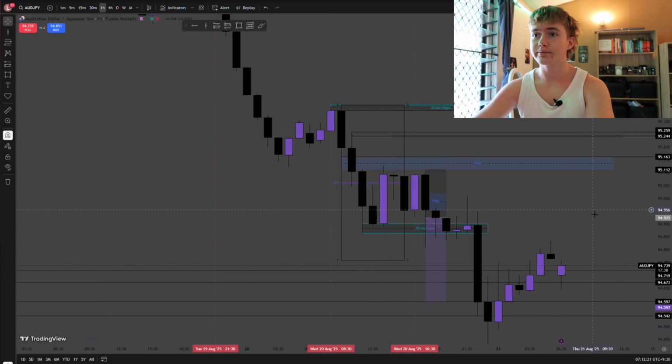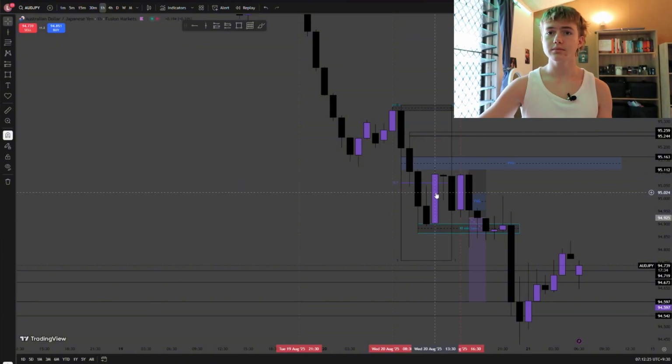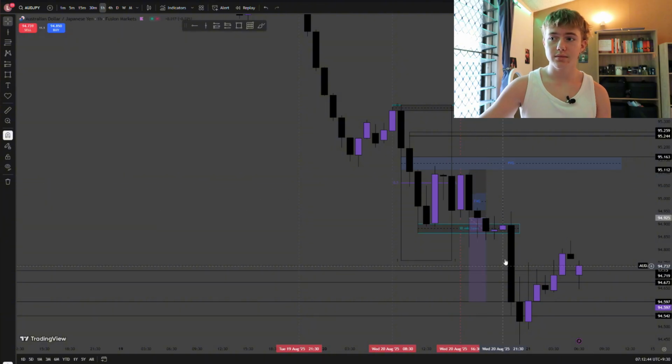I don't usually go off of equilibrium that much, but we were having big down moves after the big up moves. So we can see from this high to this low, this is the equilibrium here, came up into discount, and then people were selling in discount to then buy back here at a better price.